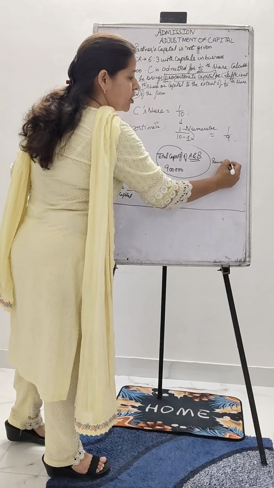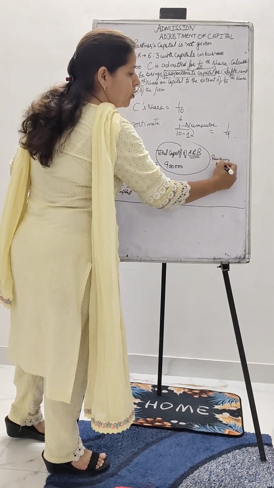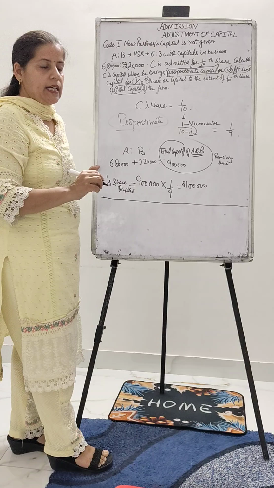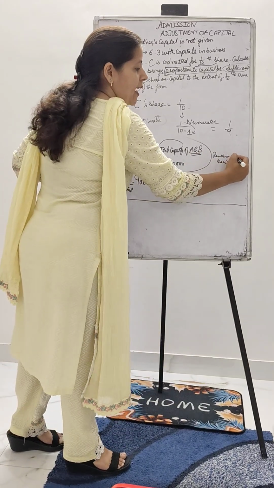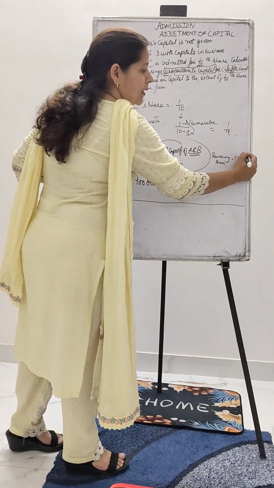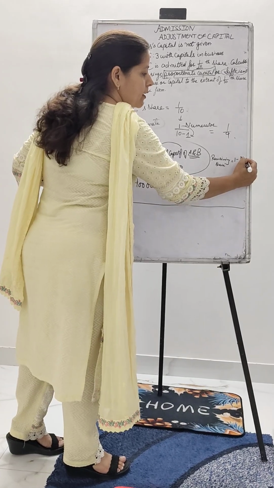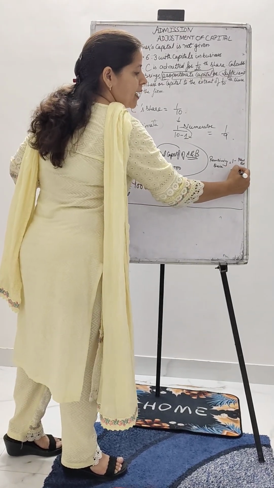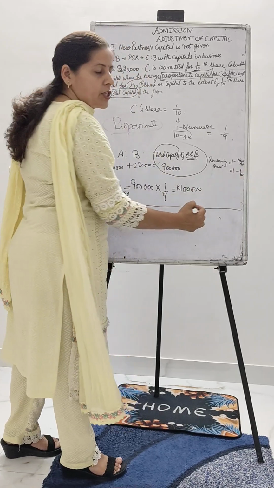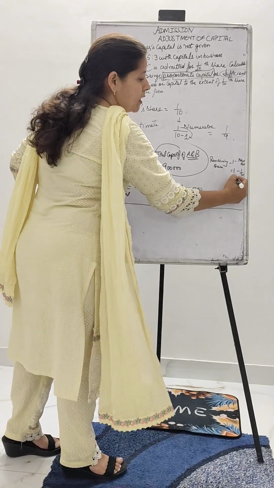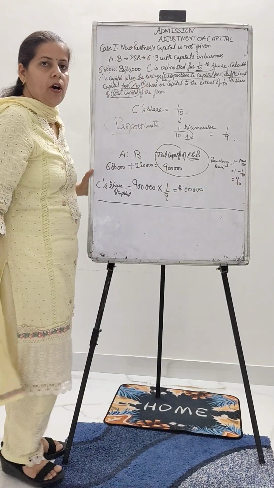Remember, in the profit sharing ratio, I have told you how to calculate remaining share. That is 1 minus new partner's profit sharing ratio. So here 1 minus new partner's profit sharing ratio is 1 by 10. So we got 9 by 10 from here.